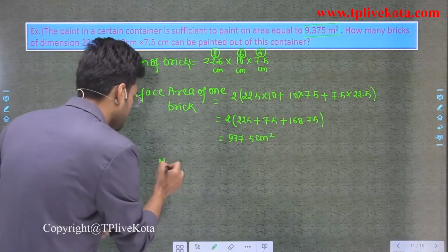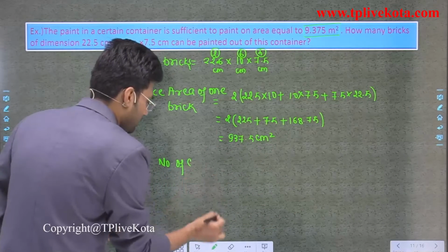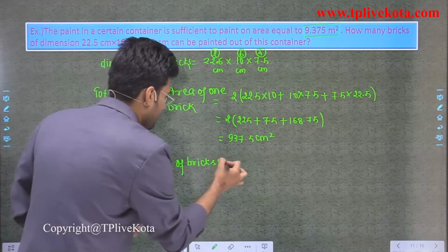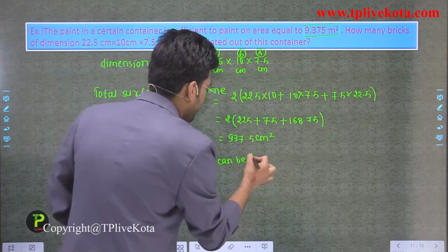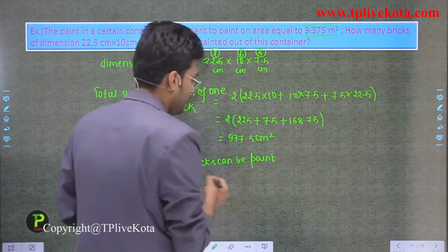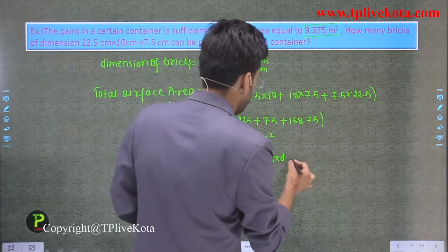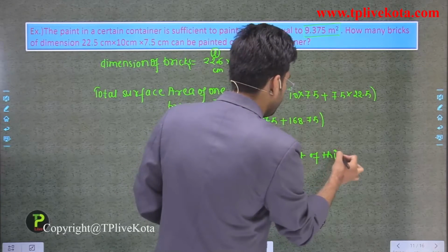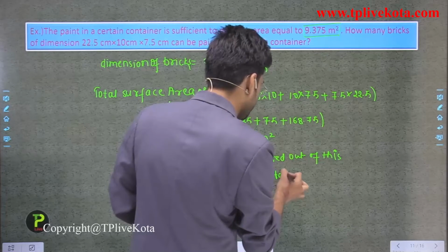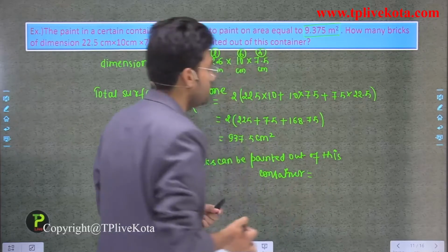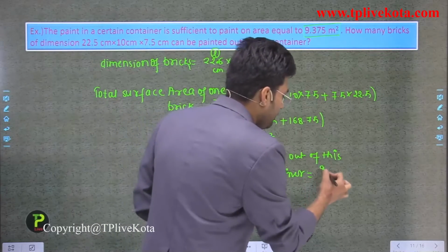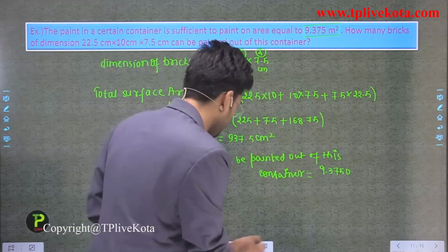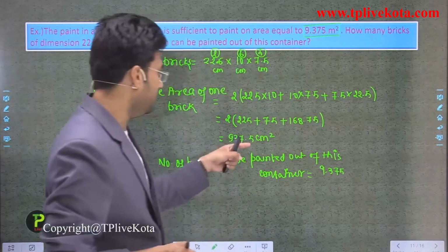So the number of bricks that can be painted out of this container is equal to, it is sufficient to 9.3750 meter square, and here we have centimeter square.